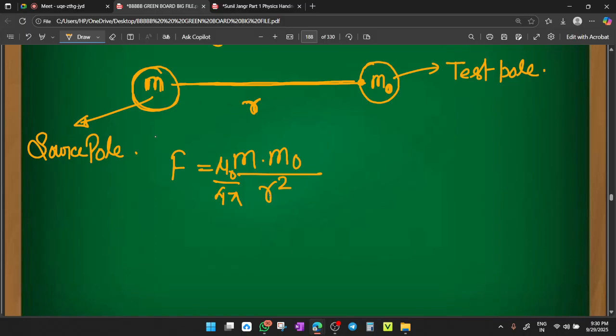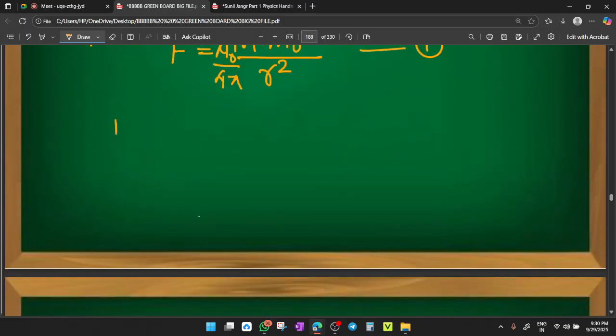So this is the force acting between the two magnetic poles. This is number 1. Now, if the M naught pole, the test pole, realizes the amount of force F, then what is the force realized by a unit pole?